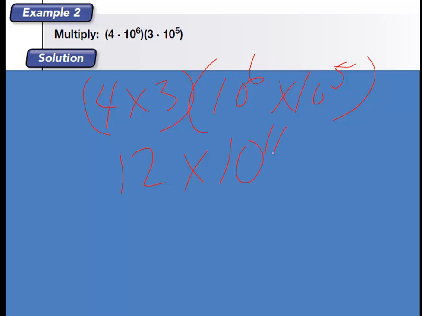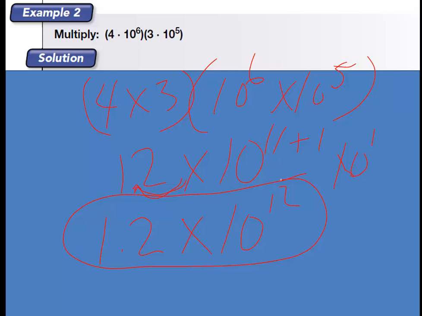But it's not scientific notation. 12 times 10 to the 11th power is not scientific notation. I have to move my decimal over to there, so I get 1.2, and because I'm moving it to here, that's going to be times 10 to the 1. You add those exponents together, so we're going to get 10 to the 12th. So our answer to this should be 1.2 times 10 to the 12th.